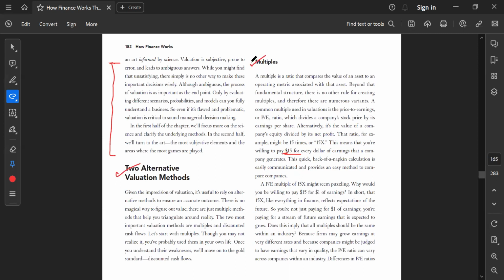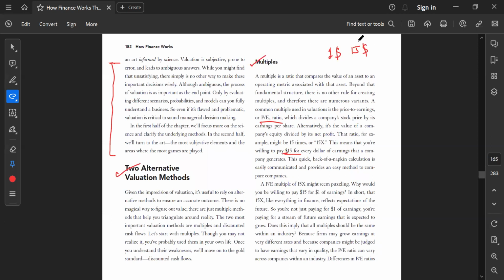Now, how do you actually calculate multiples? You calculate multiples by the PE ratio, which basically states how many times of the present value you are willing to offer. Here it says for an example, let's say the present value of a company is $1 and you are willing to pay $15.